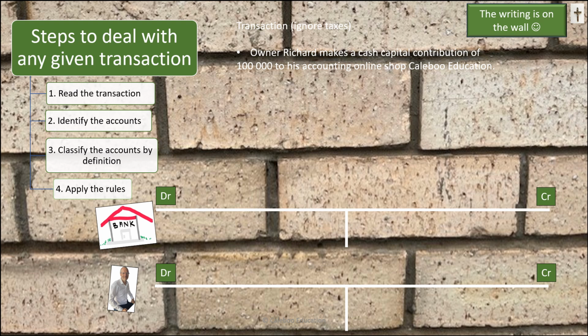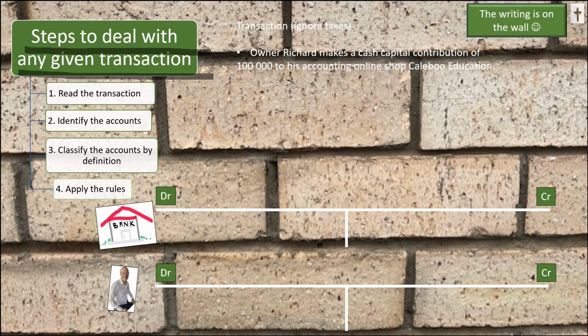Thanks, boy. Let's work here with a few transactions and apply what we've learned. So what I have here are the steps to deal with any given transaction.